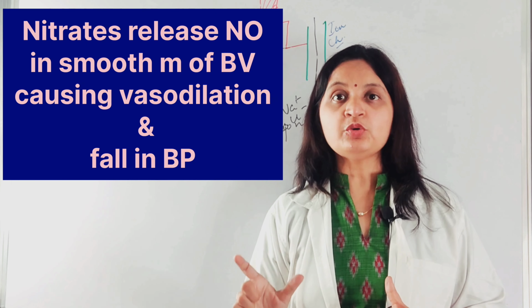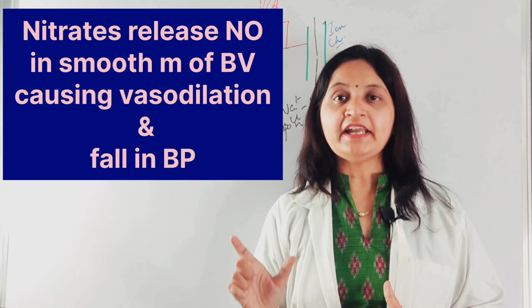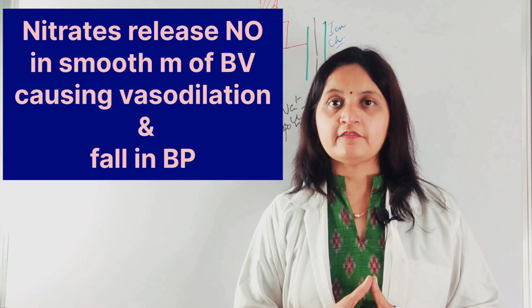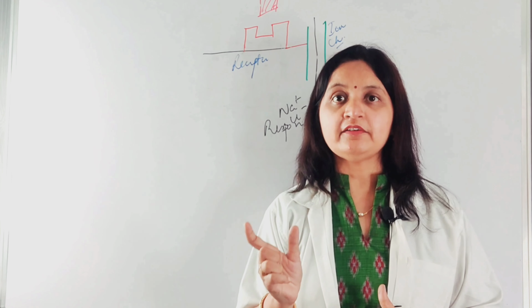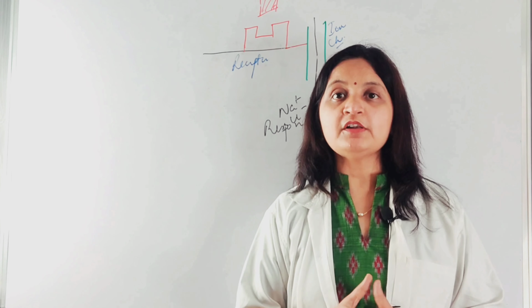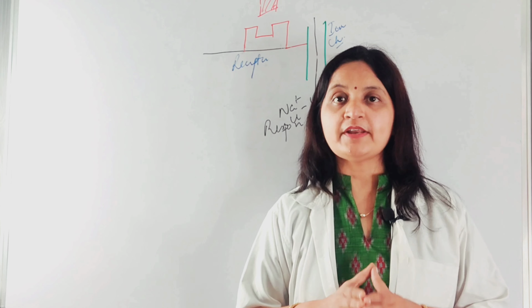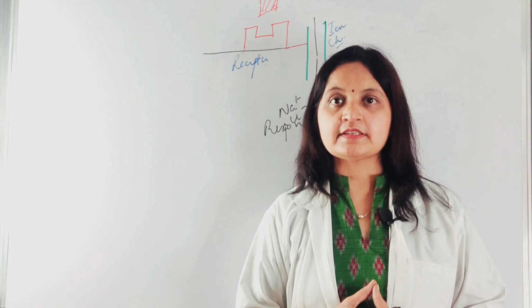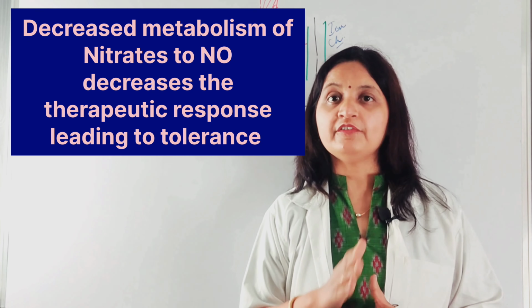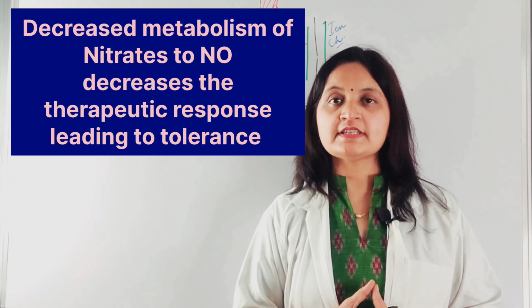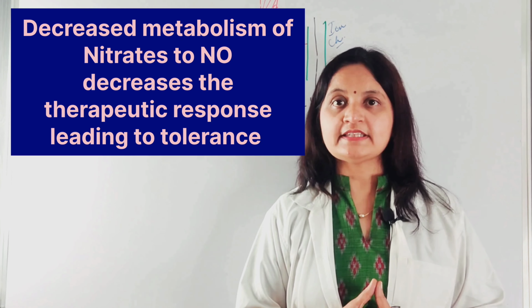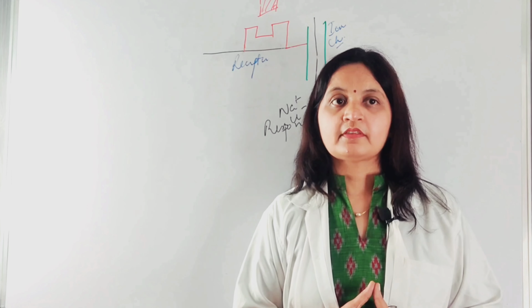Use of nitrates as an antihypertensive agent. Nitrates act as vasodilators by releasing nitric oxide in the smooth muscle cells. So the metabolism of nitrates to nitric oxide is responsible for the vasodilatation and blood pressure lowering effect of nitrates. Decreased conversion of nitrates to nitric oxide results in decreased response and development of tolerance and tachyphylaxis.